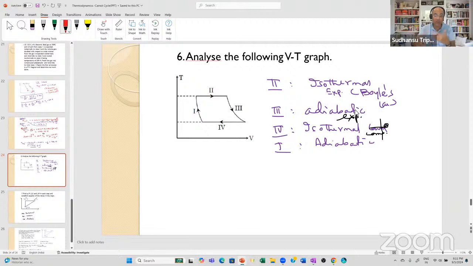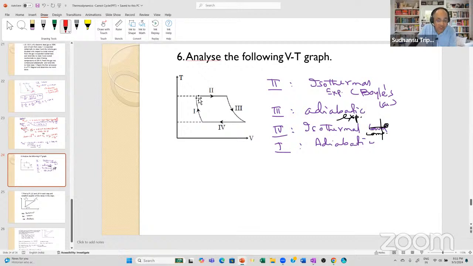We have been acquainting ourselves with the PV graph, but in the PV graph also we can show the different processes. For example, in this graph, process 2 is isothermal. Why? Because the temperature is constant. The volume is increasing, which means pressure is decreasing.